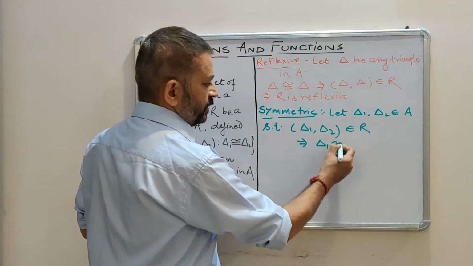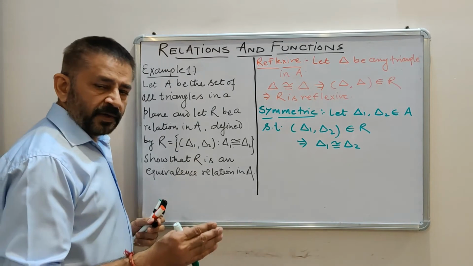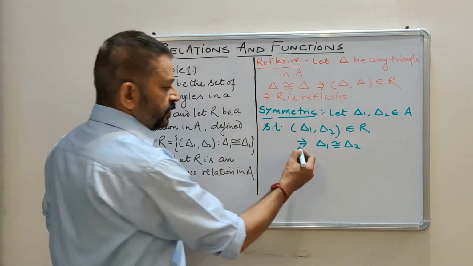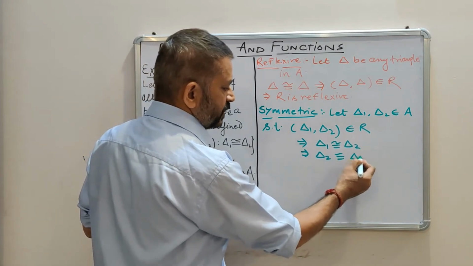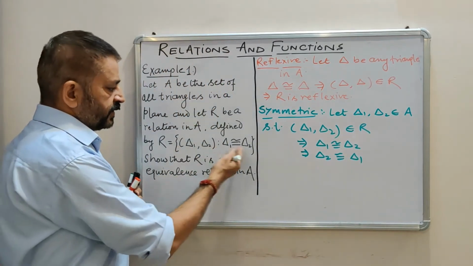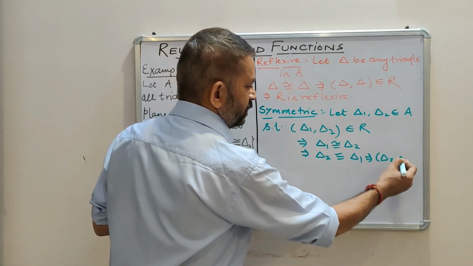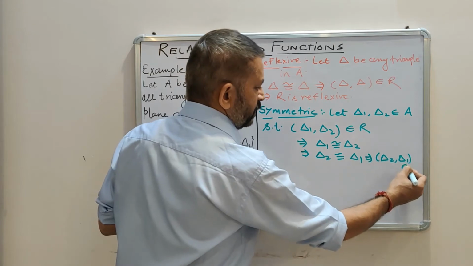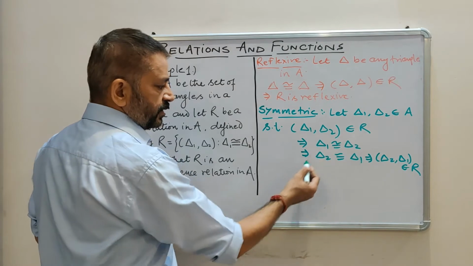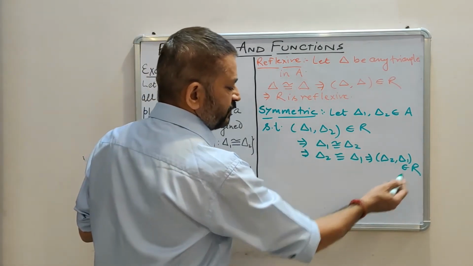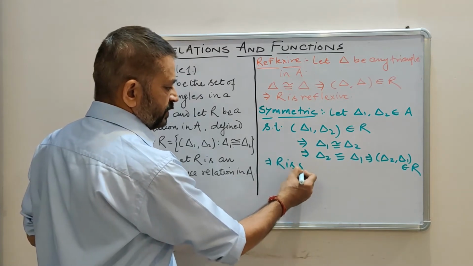That triangle 1 is congruent to triangle 2. So if triangle 1 is congruent to triangle 2, we can say that triangle 2 is also congruent to triangle 1. So as per the definition, we can say that (Δ2, Δ1) is also in R. It shows that (Δ2, Δ1) is also in R. It means R is symmetric.